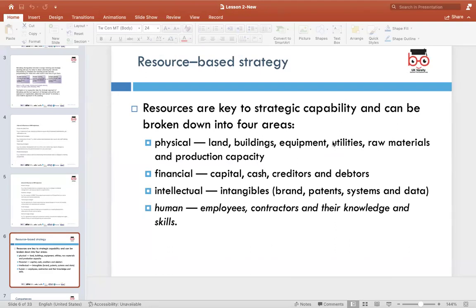In this example, they've broken the resources down into 4 different areas. You have physical resources, which are your raw materials, buildings, lands, everything that you have. Take a production business, for example. Then obviously your financial resources: your cash, capital, creditors. Then your intellectual resources, which are essentially non-tangible.